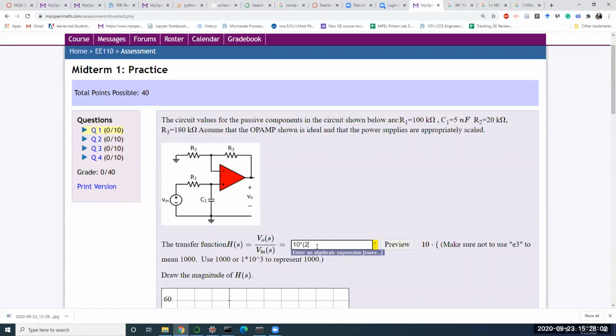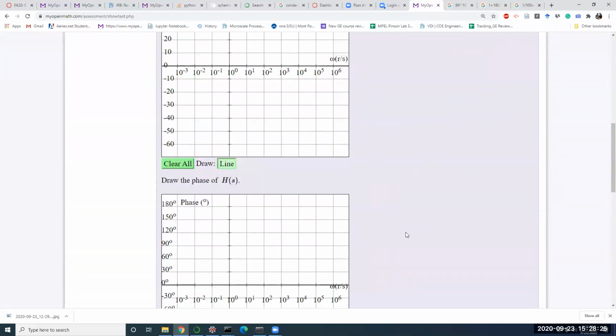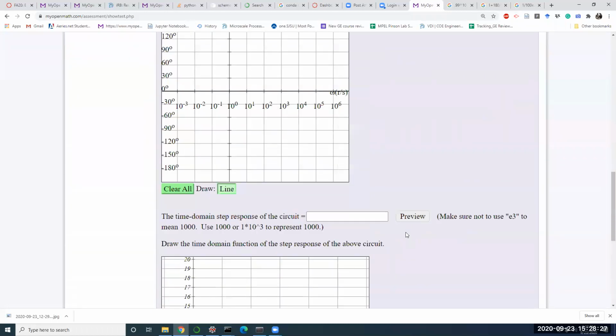And you don't really need that parenthesis that I put in there. But if you don't, the 10 and the 2,000 look funny. When you put the parentheses there, it looks better. So that's pretty good. Now then, the time domain step response: I multiply it by 1 over s and take the inverse Laplace.